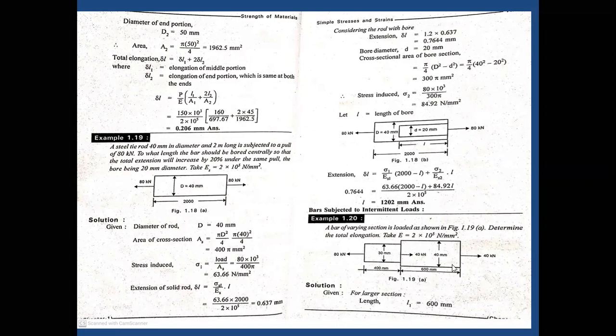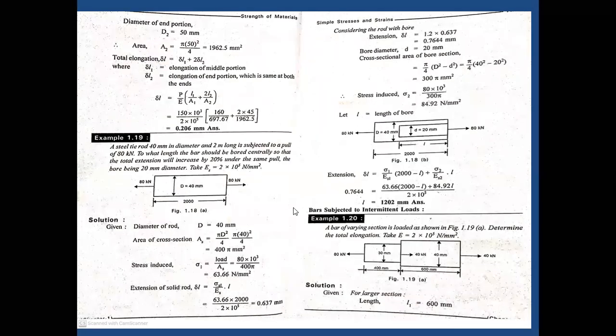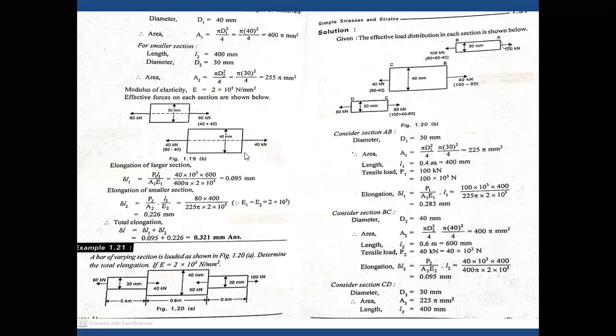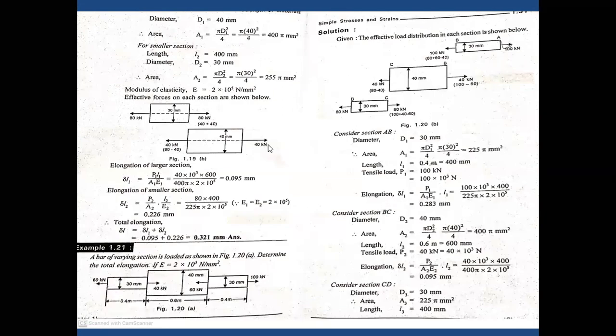In the second portion, the value will be 80 minus 40. This is the 80 and this is the 40. Both are in opposite directions, that's why we take a negative sign. And the right side force will be 40 kilonewtons.